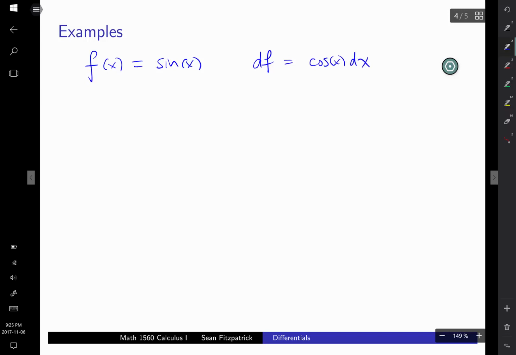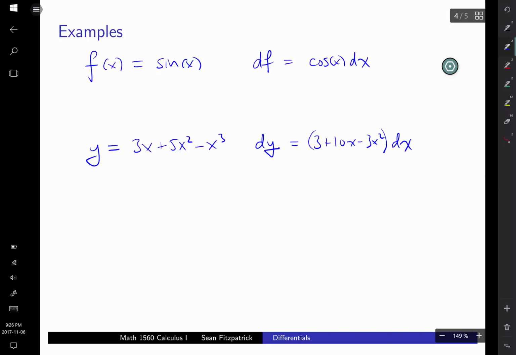If we were dealing with y equal to 3x plus 5x squared minus x cubed, then our dy is going to be 3 plus 10x minus 3x squared times dx, and so on.